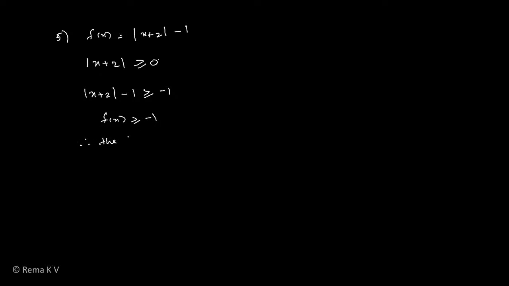Therefore, the minimum value of the function is minus 1, and the point of minimum value is where this must be equal to 0, so x is equal to minus 2.